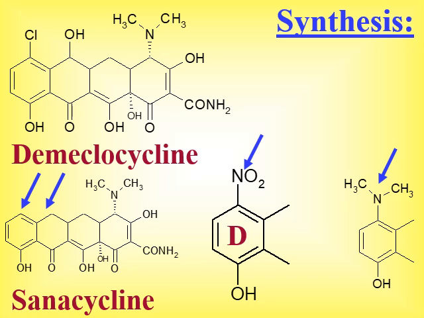We undergo nitration of cycline, so a nitro group will attach to ring D. Then we undergo reductive methylation using formaldehyde, forming our compound, which is minocycline.